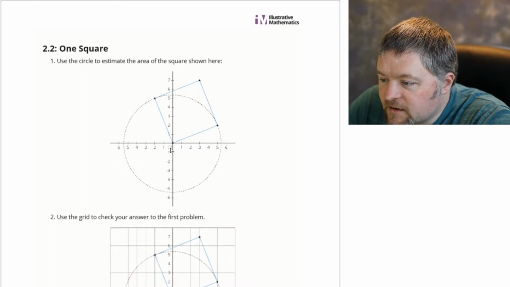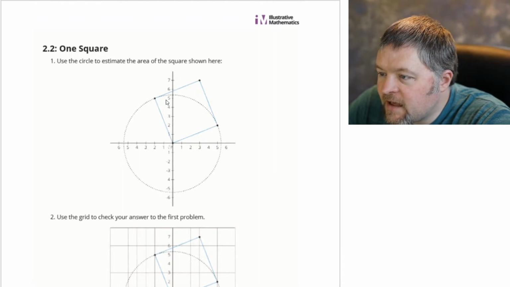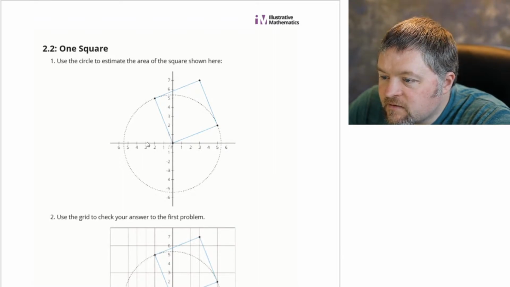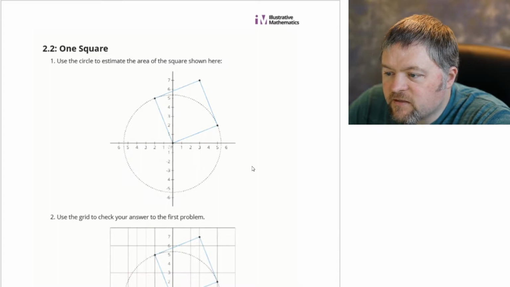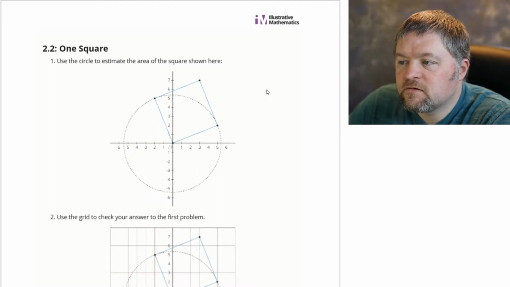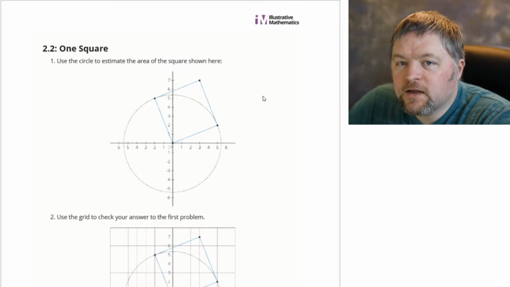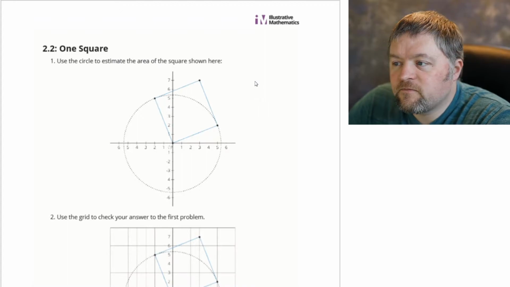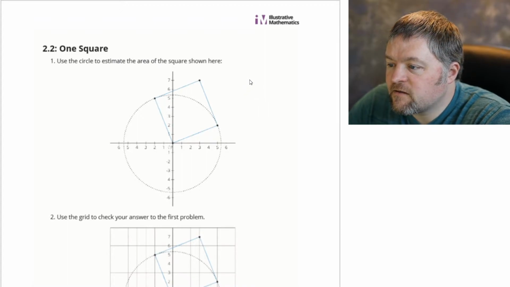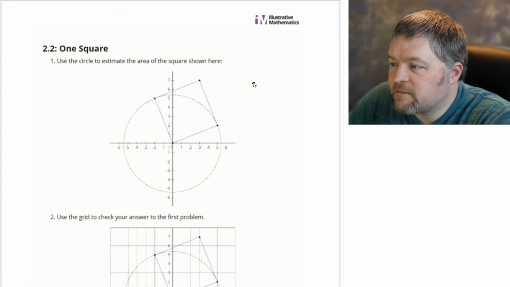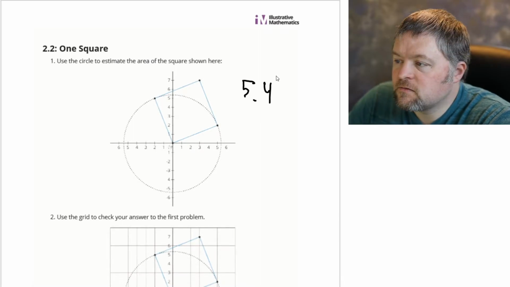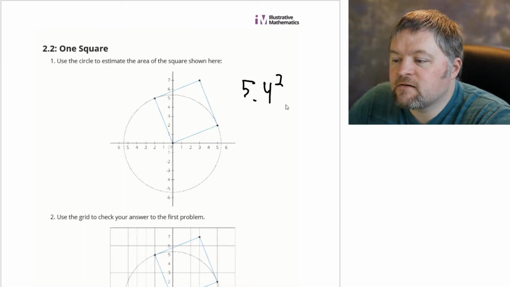Well, it looks like about 5.5, 5 1/3. So if we go with 5.5, 5 1/3, maybe call it 5.4 squared.